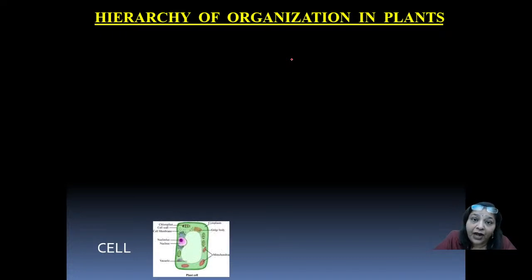We all know that plant cells differ from animal cells in certain aspects. Mainly, they differ in being sedentary, isn't it? The plants are actually sedentary. That is, they are fixed to the soil. They will not be able to move from one place to another place. So locomotion is absent. So they are non-motile. But we are not talking about the microorganisms.